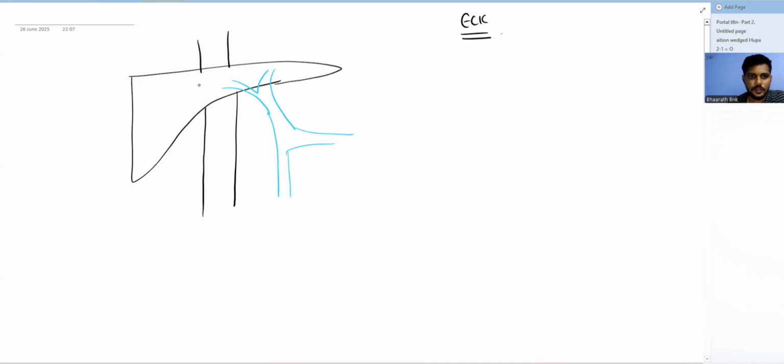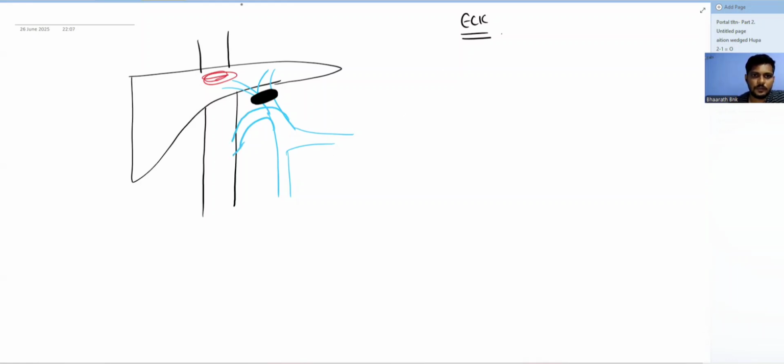Right? Now, because there is a problem here, this is the area of problem, he wanted to bypass this. So what he did is he ligated this vein at the hilum of the liver, and he diverted this portal vein to the inferior vena cava. Right.